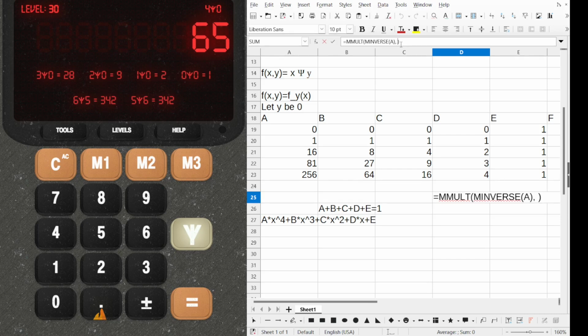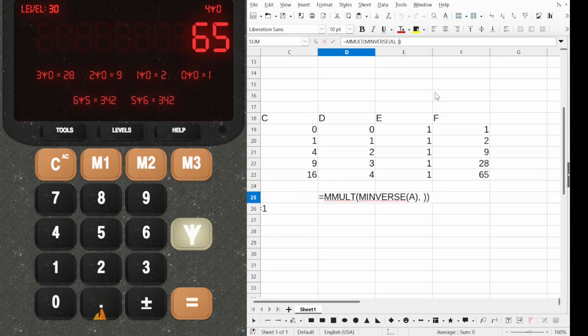This one is the entries for F, which means 1, 2, 9, 28, 65, right? No, we need to separate them using apostrophes. Yeah.